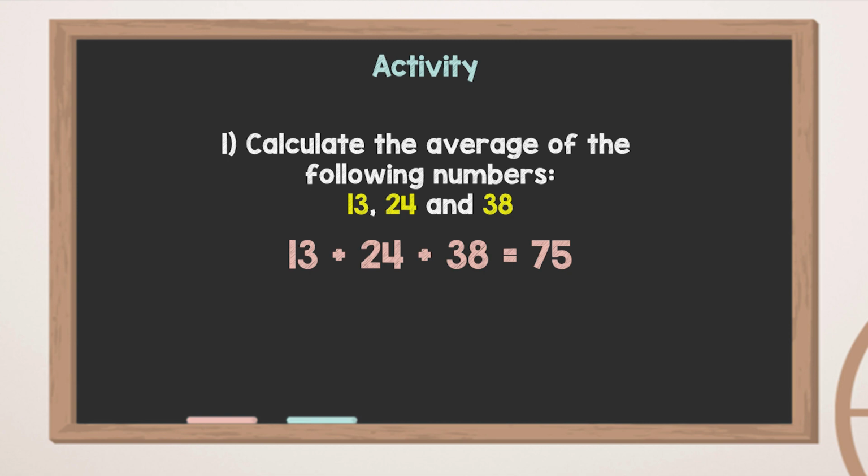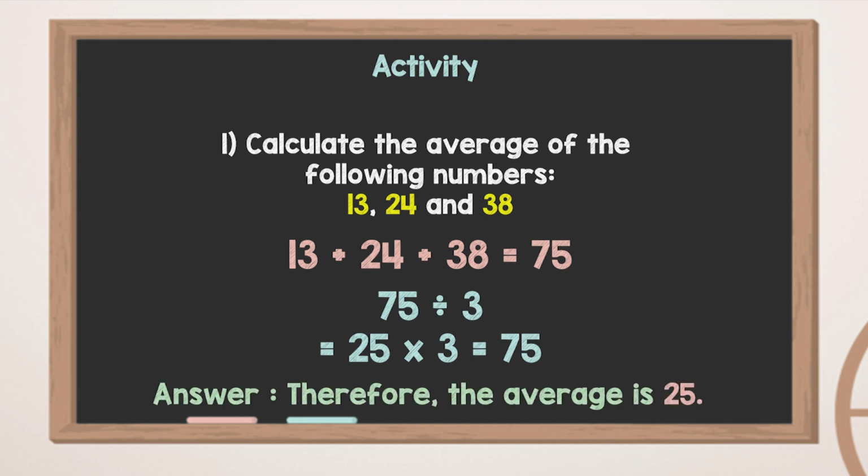Therefore, the average is equal to 75 divided by 3. How many times can 3 go into 75? 25, because 3 times 25 equals 75. Therefore, the average is 25. Boys and girls, if you have that, put a big tick. I am so proud of you.